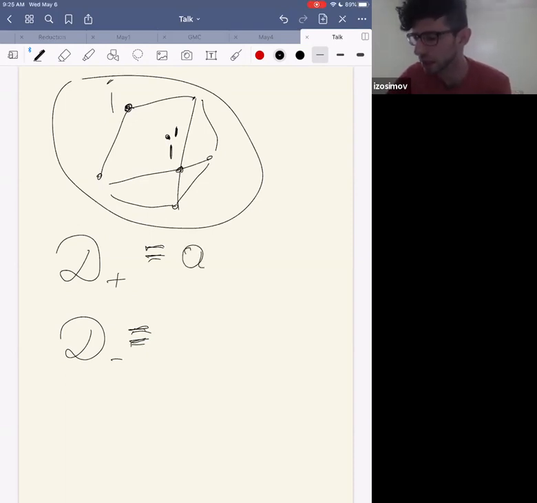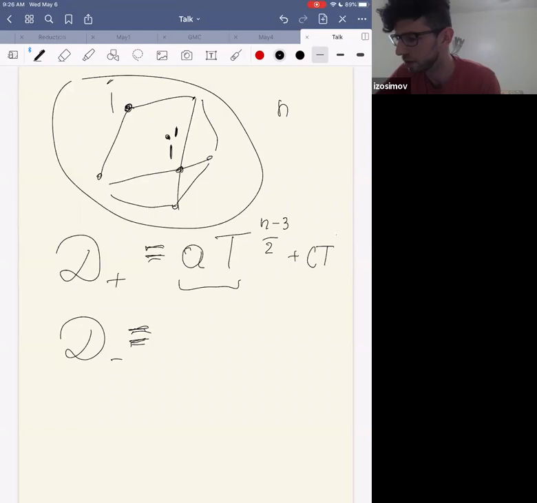So d plus is a times t to the power of n minus 3 over 2 plus t to the power of n plus 1 over 2. Recall that n is an odd number, the number of vertices. And d minus is of the form b t to the n minus 1 over 2 plus d t to the n plus 3 over 2.